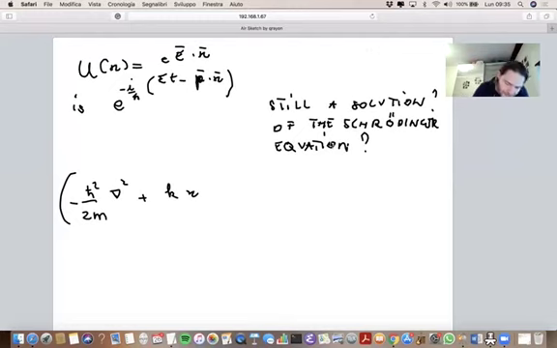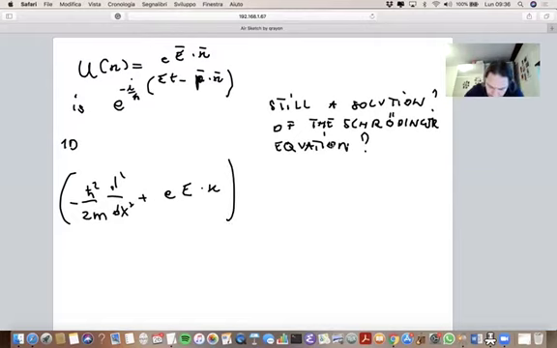But let's do it in 1D for simplicity. We are not interested in multiple dimensions. For this example, this becomes a second derivative, and this becomes a simple product between, say, the electric field and the coordinate.